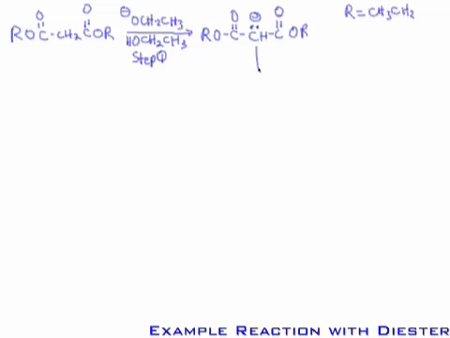In step 2, we can react this carbanion with a primary alkyl halide, such as propyl iodide. If we do that, we get SN2 attack. So step 2 is SN2 on our primary alkyl halide. And what we now end up with is RO, C double bond O, CH.